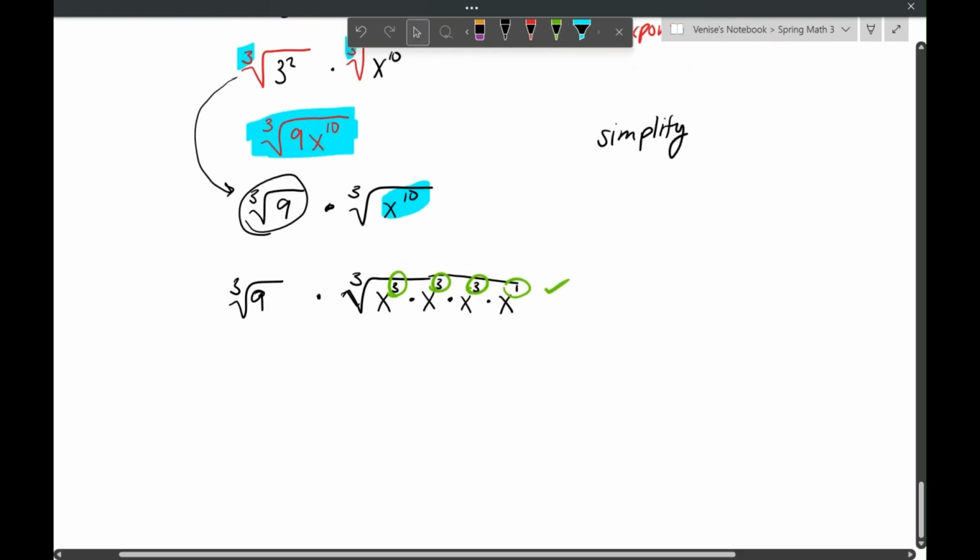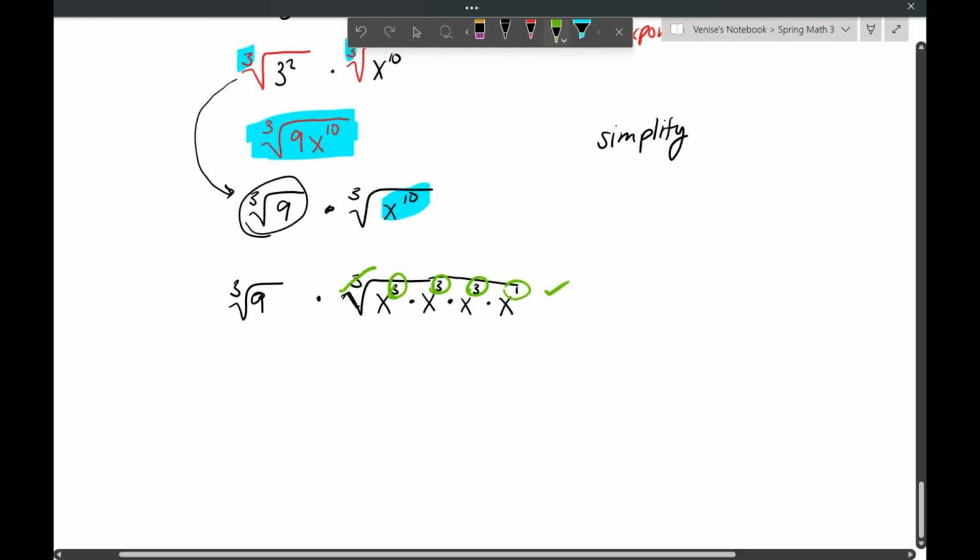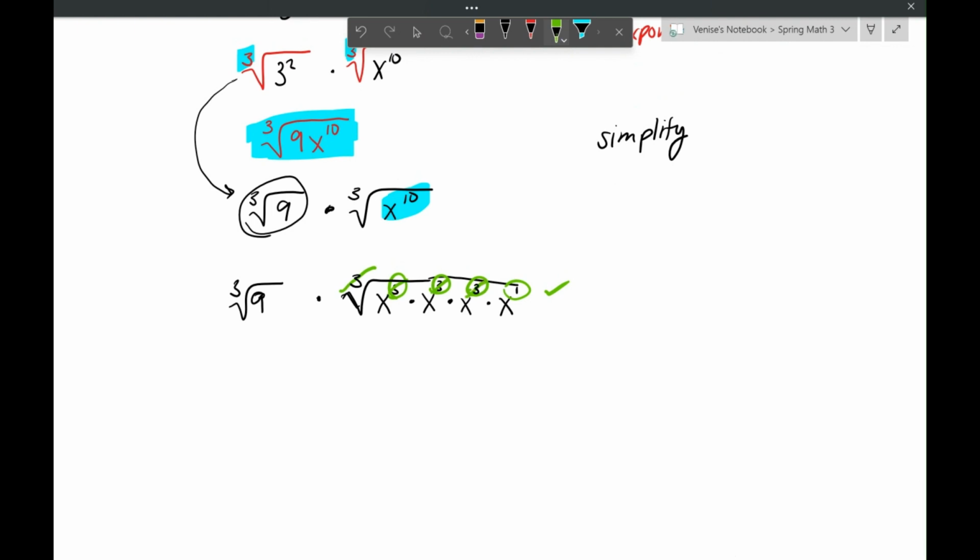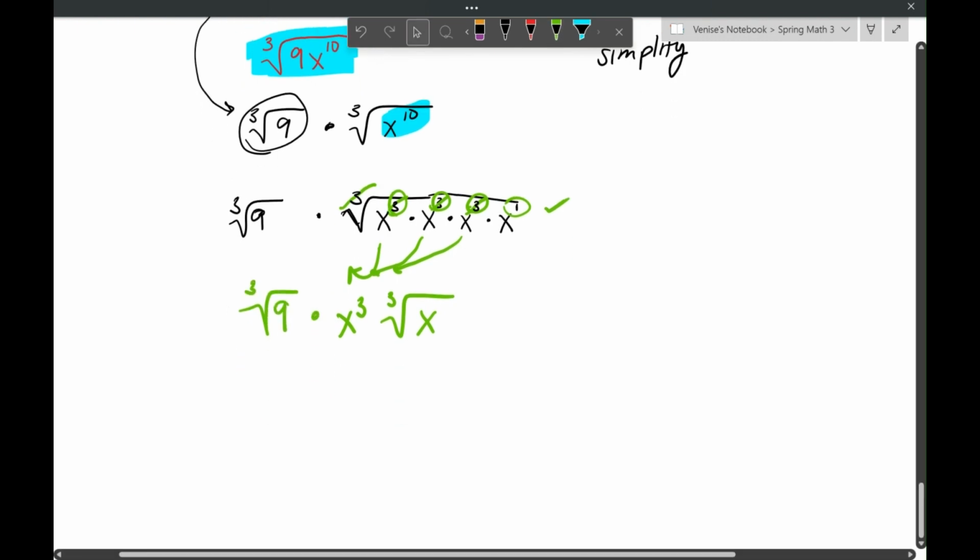Good. Okay, and then we would cancel out the indexes, right? So that means I would have to take out 3 x's. So x cubed, and the leftover inside, which is x, right? And don't forget the cube root of 9.